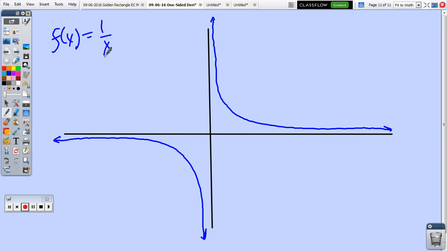So this is a differentiable function. Even though it's not a continuous function, it's considered differentiable because it is differentiable for every point except at 0, which is not part of the domain. So 0 is not part of the domain, but everywhere else, because it's smooth and continuous, it is differentiable. So this is a differentiable function.